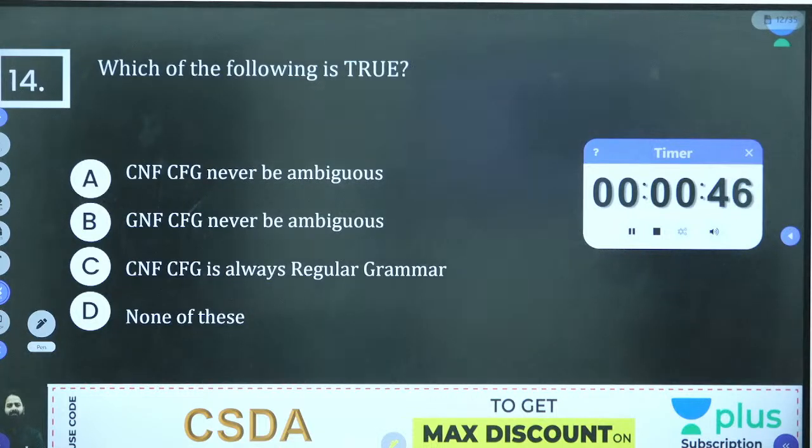Which of the following is true? CNF CFG never be ambiguous. GNF CFG never be ambiguous. And C, CNF CFG is always regular grammar. What will be the right answer?